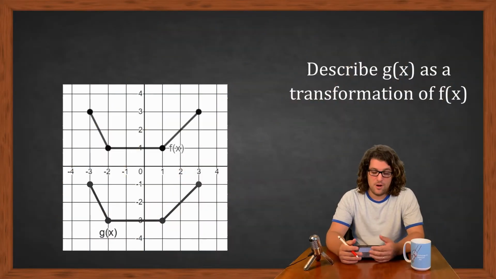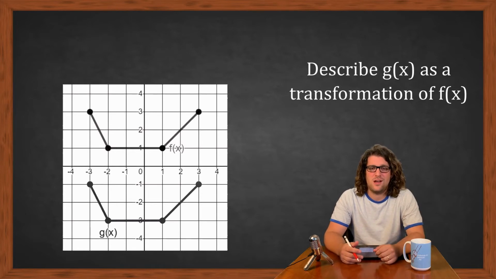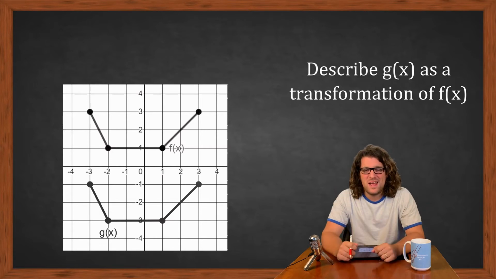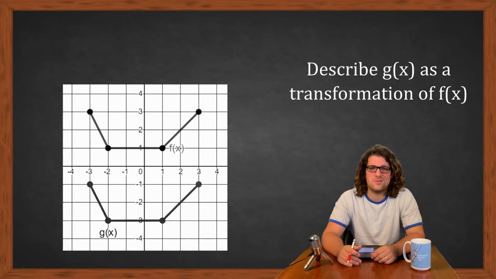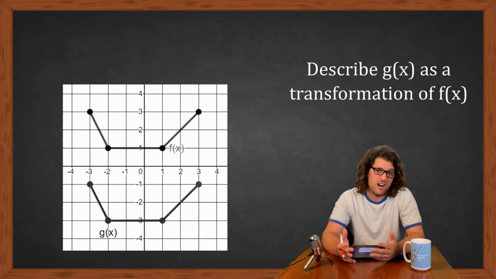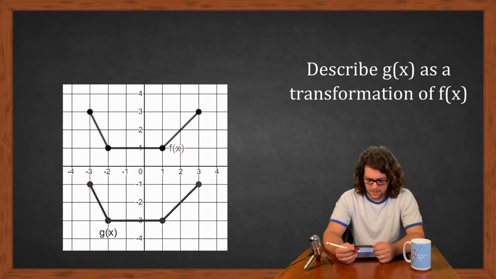All right, so as you can see, the question above us is basically just to do the transformation. We have our graphs sitting over there, and we're going to do this by looking at an important point on the original graph and seeing where that maps on the second graph.